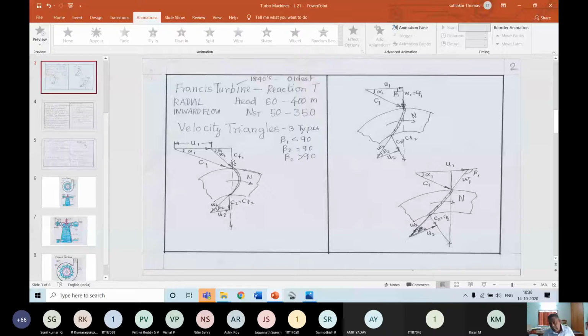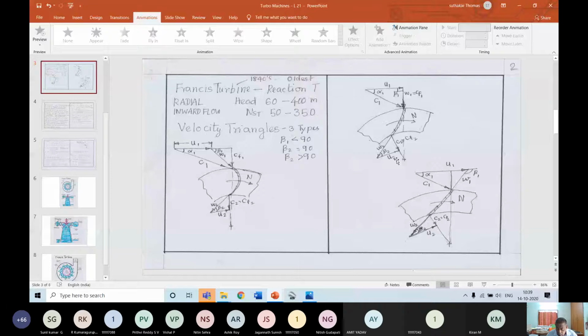And coming back, you have another velocity triangle corresponding to beta 1 equal to 90 degrees. Now you can see how the blade is oriented. So U1 is there, beta 1 is 90, alpha 1 is indicated here, C1, and W1 is equal to CF1.